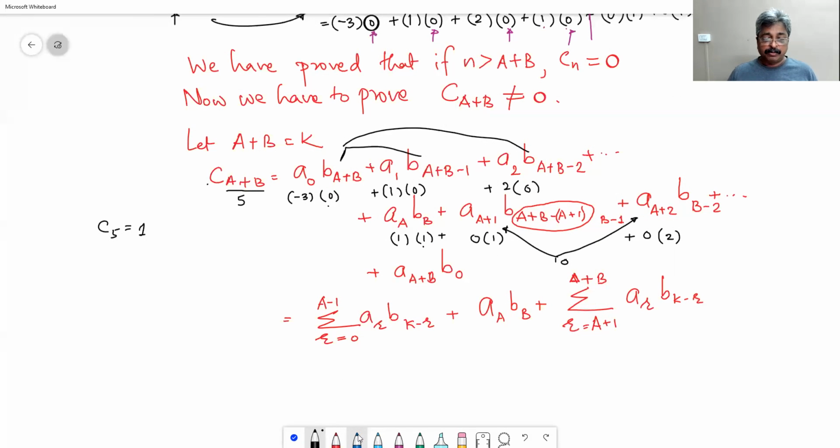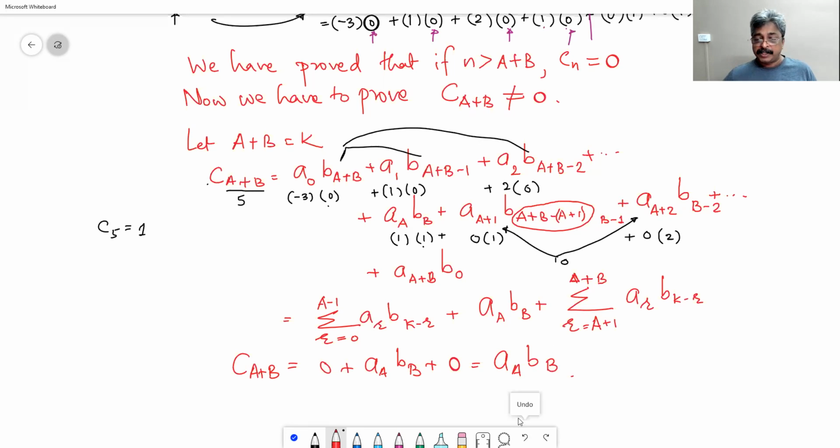So I will finish the proof now by writing this is equal to 0 plus AABB plus 0 is equal to AABB. So C of a plus b is equal to capital AA, BB, and none of them is 0. AA is not 0.